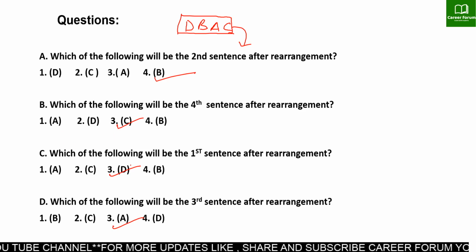You should be very careful while solving PJ questions because sometimes we face problems between two options. So important is to go through the idea very carefully and then if you solve the questions, the answer will be very accurate. And here I'm giving you the correct sequence. The correct sequence is DBAC.